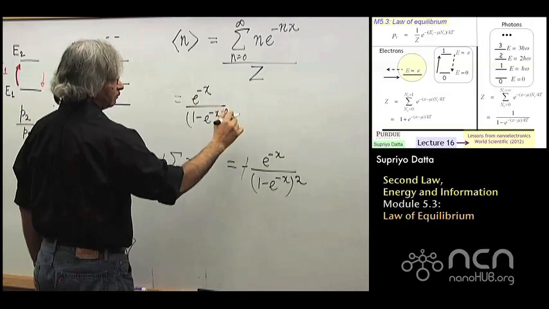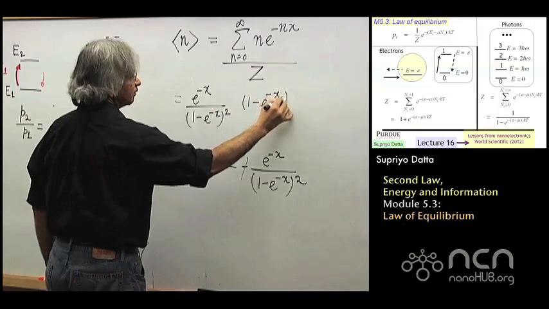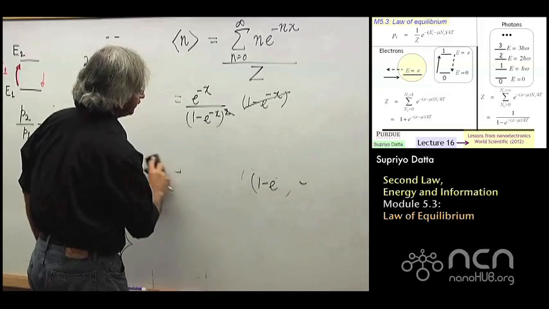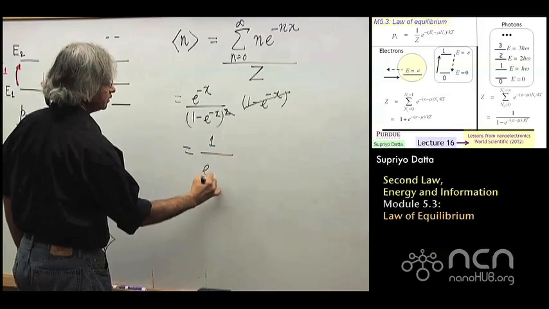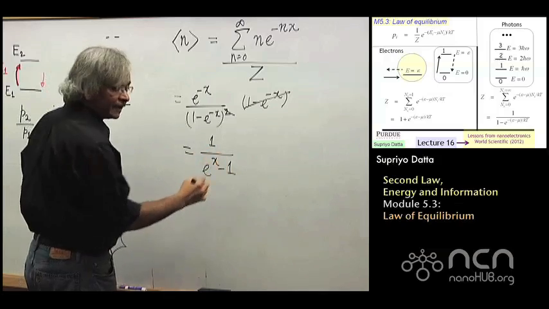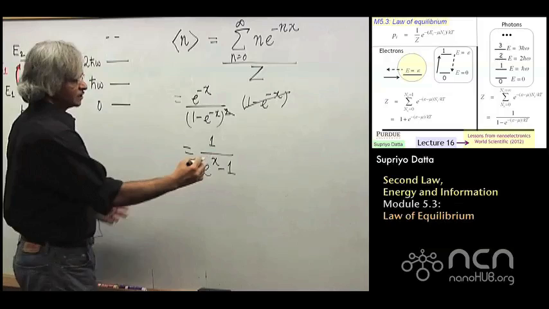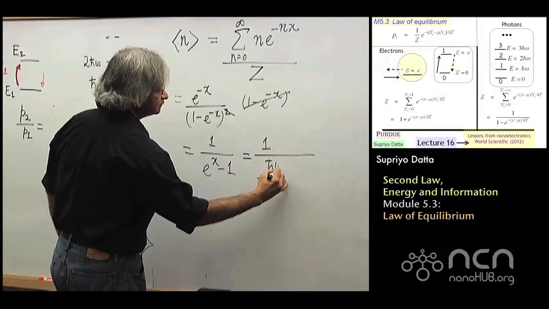Z is 1 over 1 minus e to the power minus x, so that's like multiplying with 1 minus e to the power minus x. This cancels that, and so what you get then is 1 divided by e to the power x minus 1. And that's the Bose function, you see. I had written x for h bar omega over kT, so that's it.